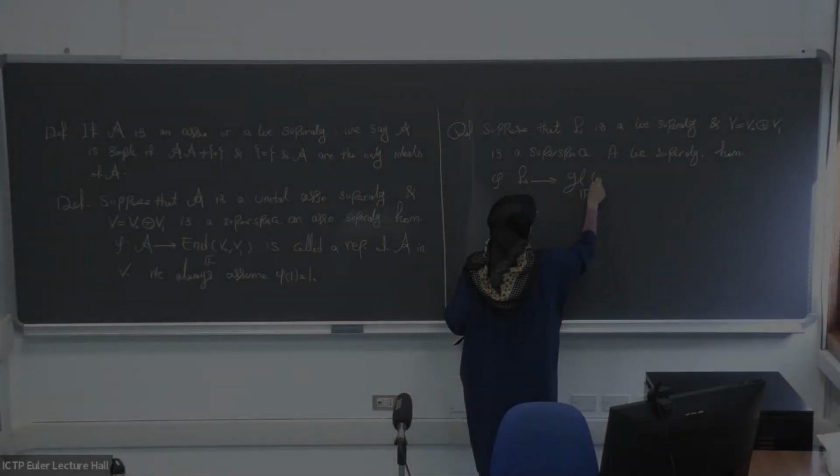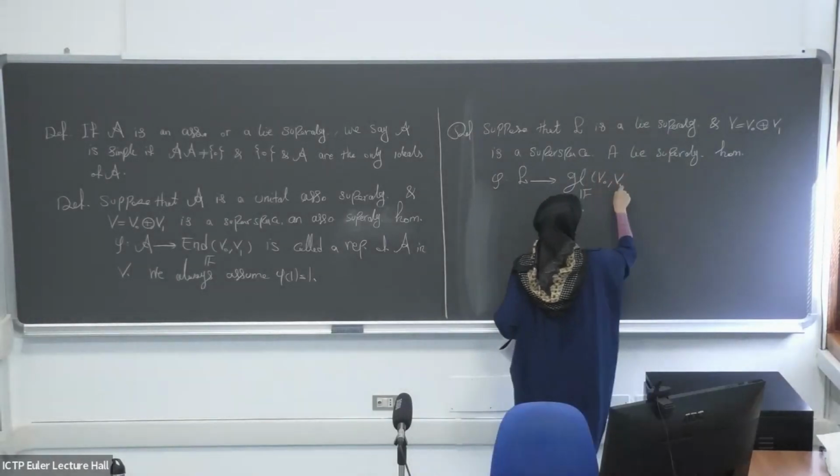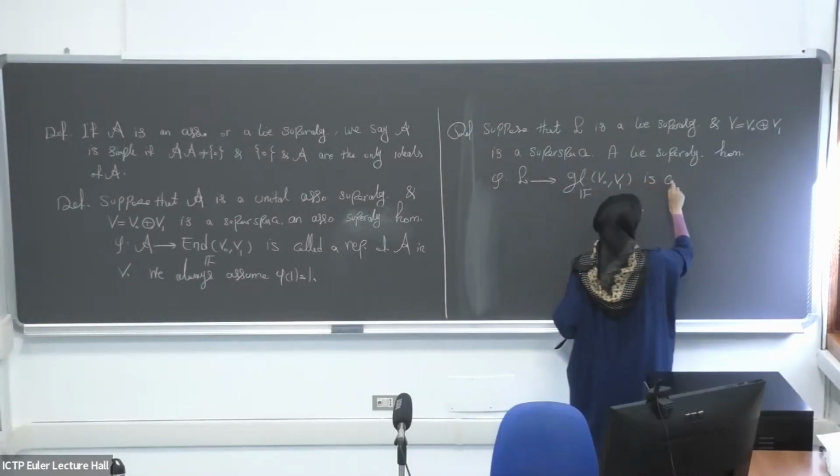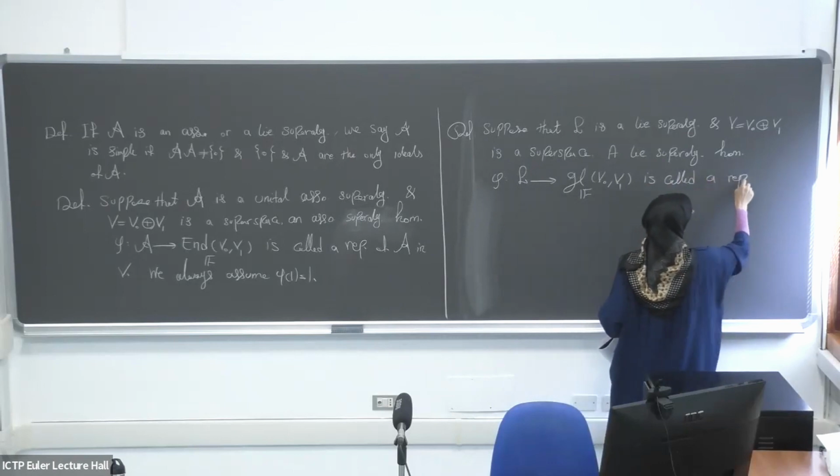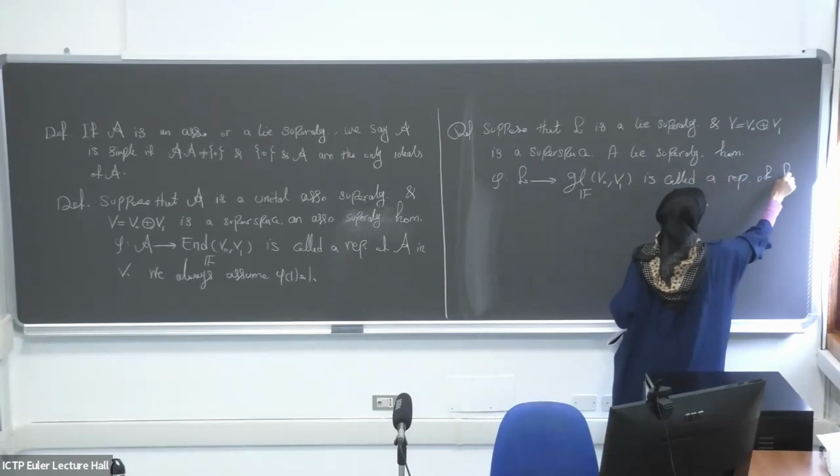A Lie superalgebra homomorphism phi from the Lie superalgebra L to the Lie superalgebra GL_F(V0, V1) is called a representation of L in V.